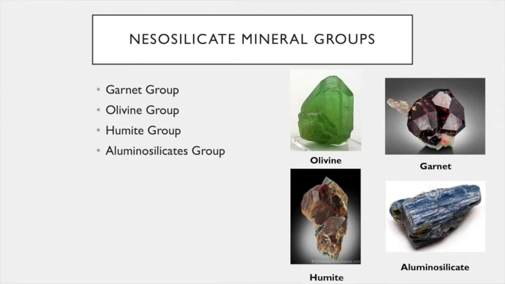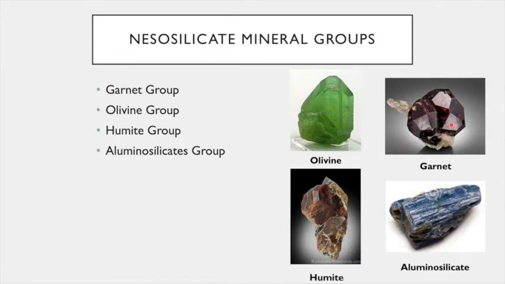Many of them are used as abrasives, but mostly they are prized for their beauty, and they are used as gemstones. So garnet group, olivine, humite, and aluminosilicates. Though aluminosilicates are a bit different, which I'm going to discuss later on.